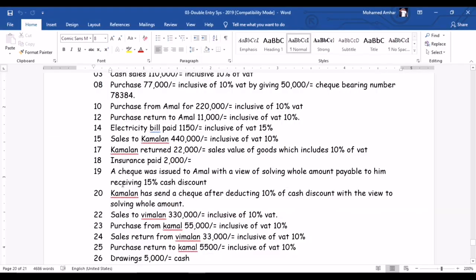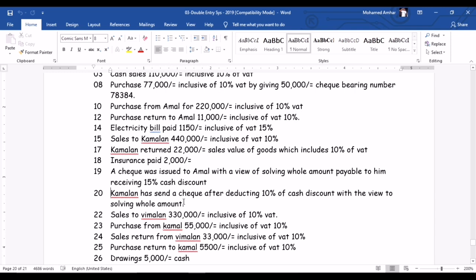The next date is 20. Kamalan has sent. So Kamalan has sent means Kamalan should be a debtor. Kamalan has sent a check after deducting 10% of cash discount with the view to settling the whole amount payable by him.